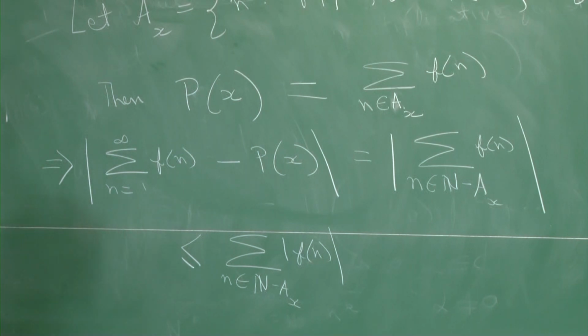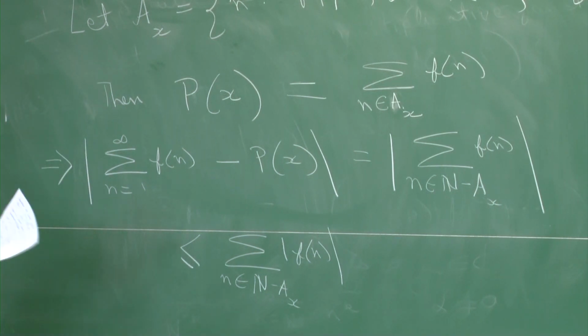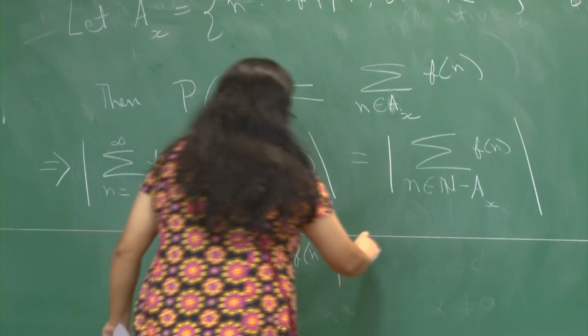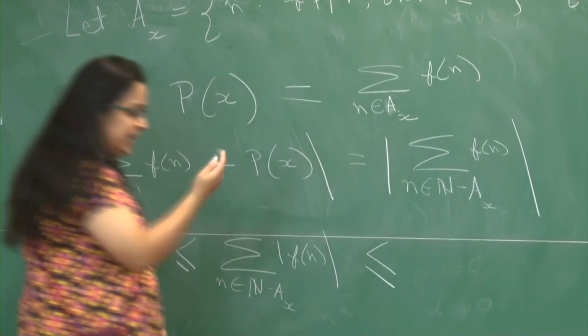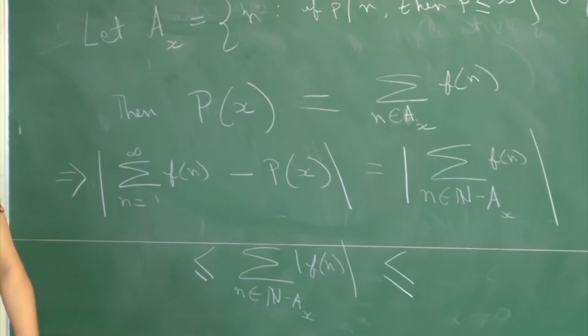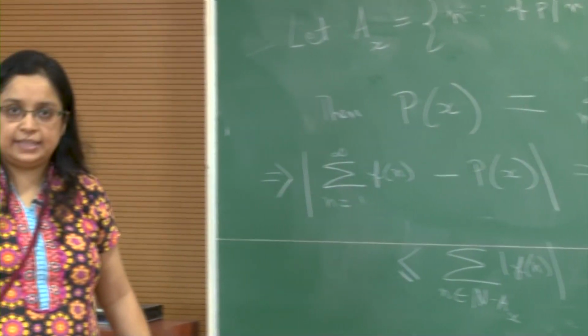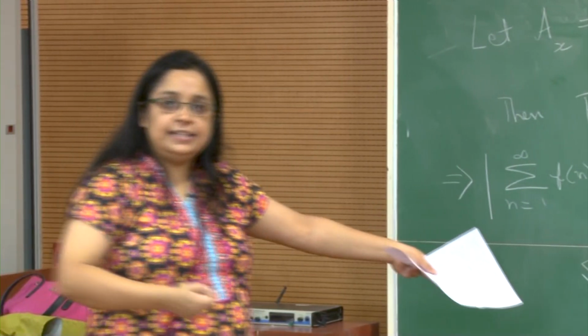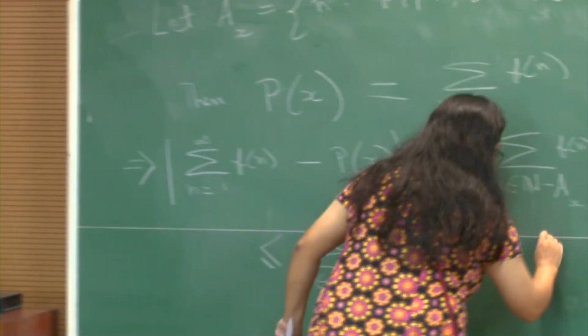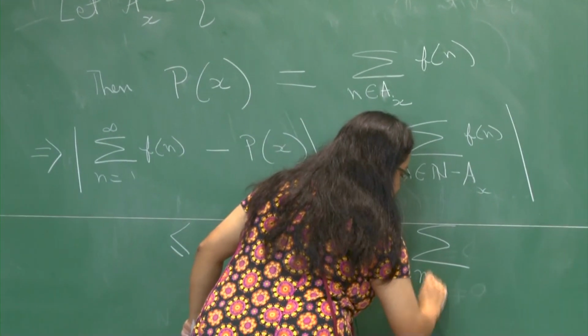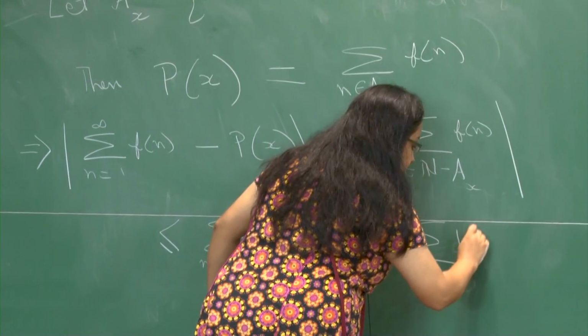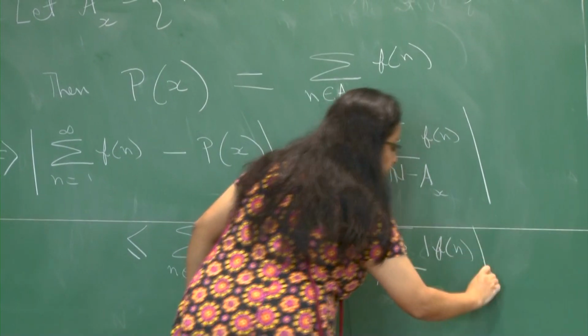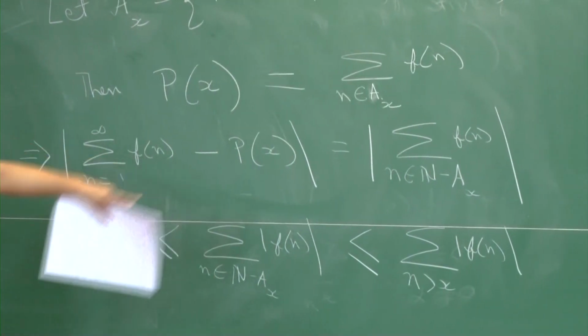But notice that if n does not lie in a sub x, that means n has at least one prime factor which is strictly greater than x, so n itself is greater than x. But what do you know about this?